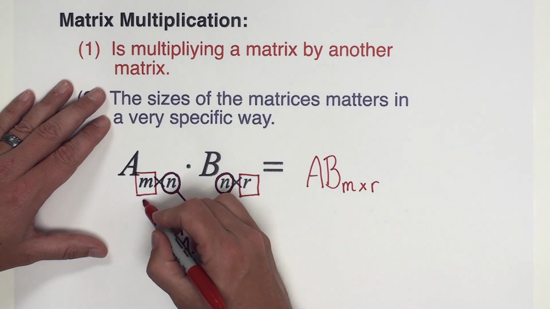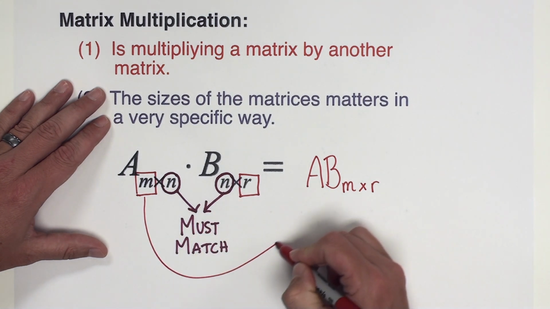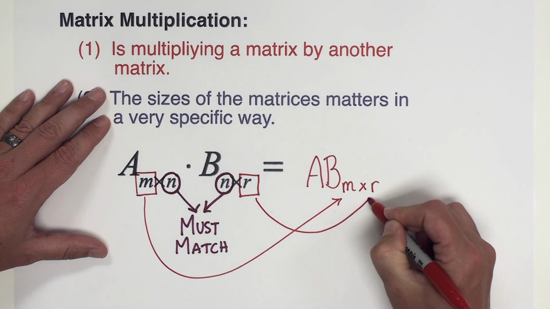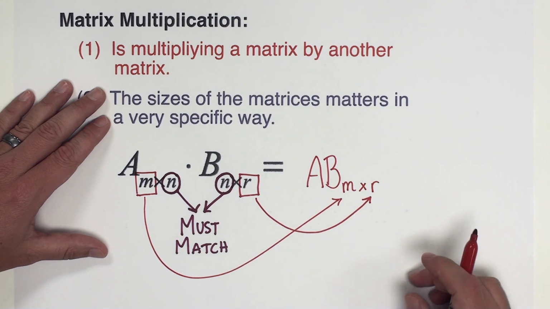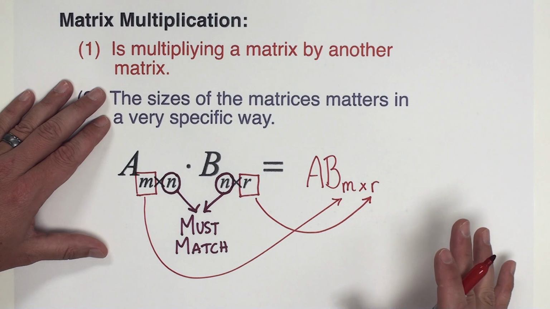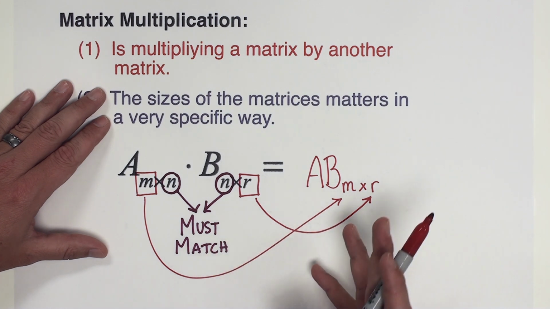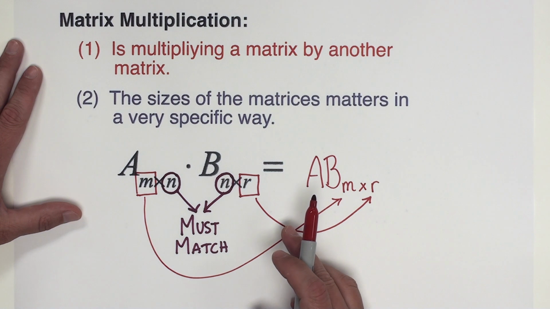So the outer dimensions make up the dimensions of your product. But again, you can only do this if the inside dimensions, or inner dimensions as I sometimes call them, match. If they don't match, then you don't even start the problem. You just say it has no solution.